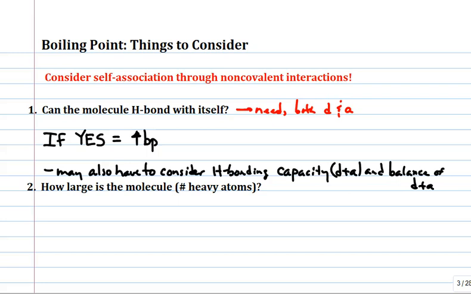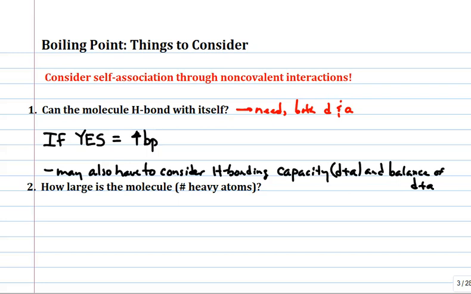And so you may have to consider hydrogen bonding capacity and the balance of D plus A. So if two molecules are about the same size, they both can hydrogen bond with itself, then probably the one that has a higher D plus A will have a higher boiling point. If D plus A is the same, then the one that has a greater balance of D plus A will probably be the tiebreaker and have a higher boiling point.